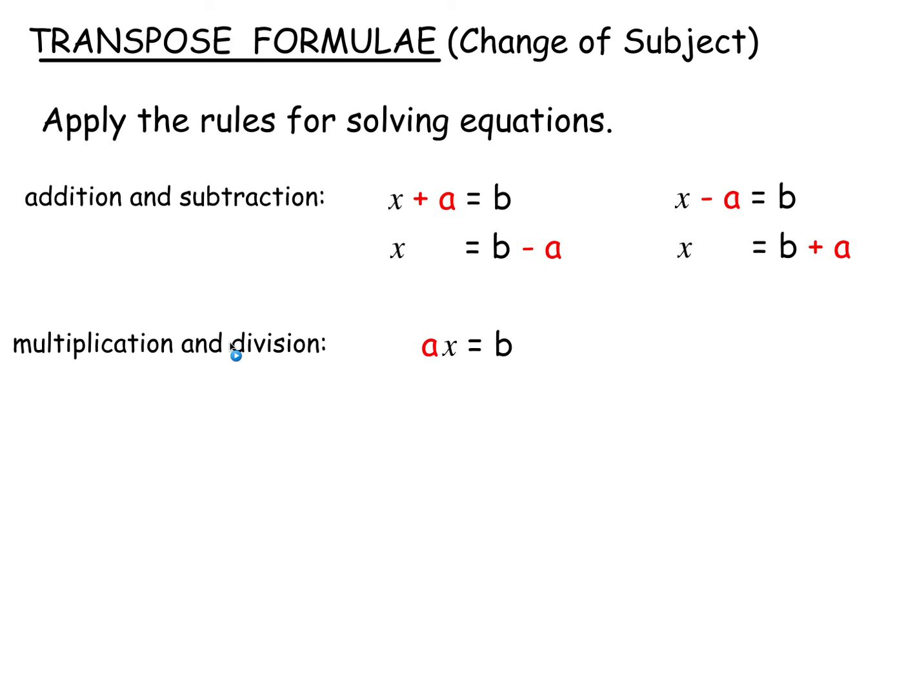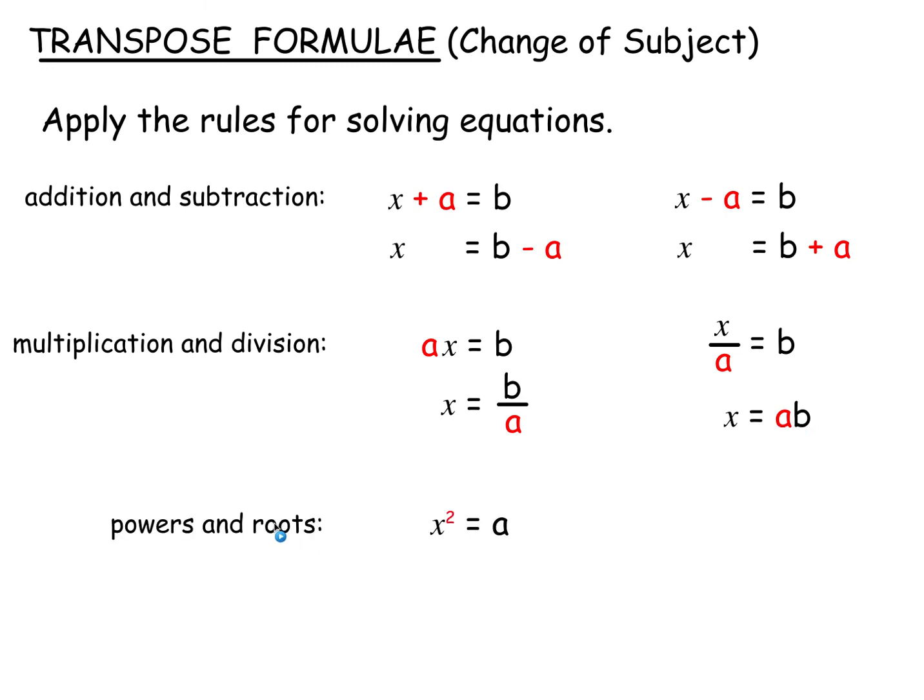Multiplication, division, multiplying by a here, other side you divide by a, so it's the bottom line of a fraction. Here it's on the left, division by a, it's the bottom line of a fraction. Other side, multiply by a. For powers and roots, squaring on the left, so you square root on the right. Square rooting on the left, square on the right.